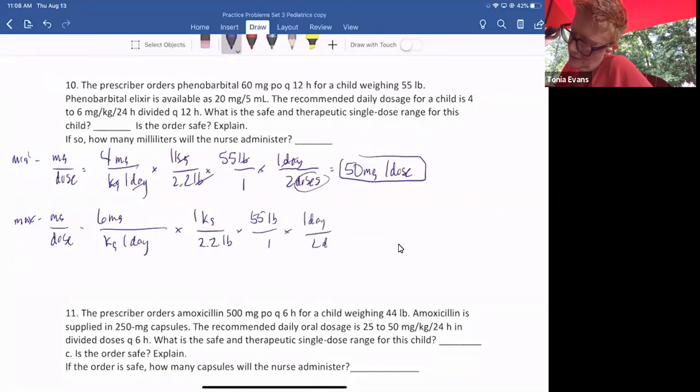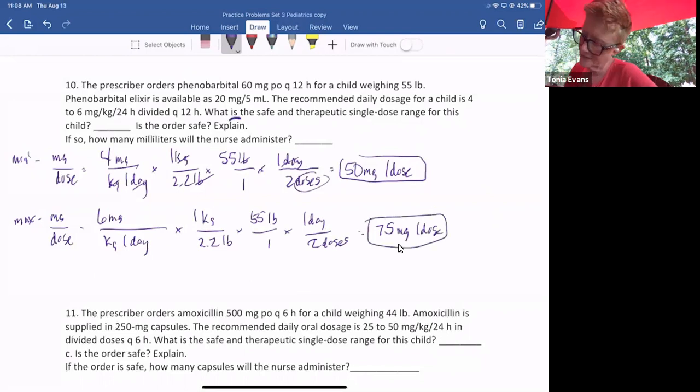Day, 2 doses. Sorry, I'm sloppy there. 6 times 55 divided by 2.2 divided by 2 equals 75 milligrams per dose.